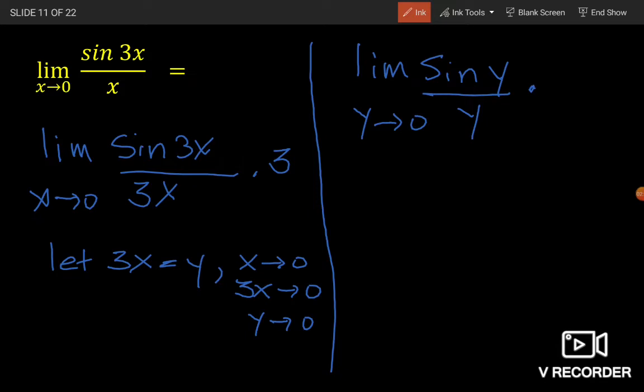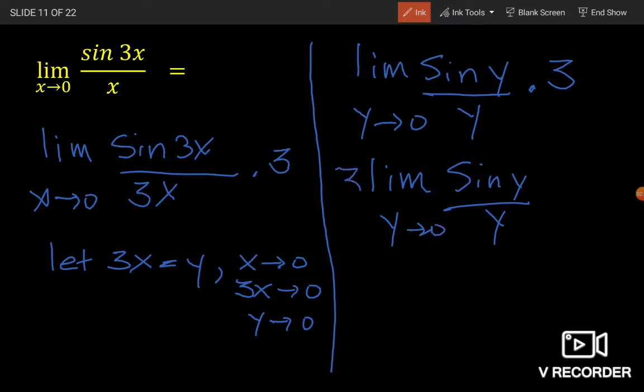Multiplied by 3. Now, we can put this 3 in front, so we can actually write this as 3 times the limit of sine y over y as y approaches 0.